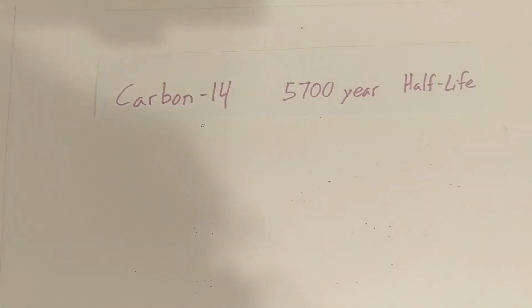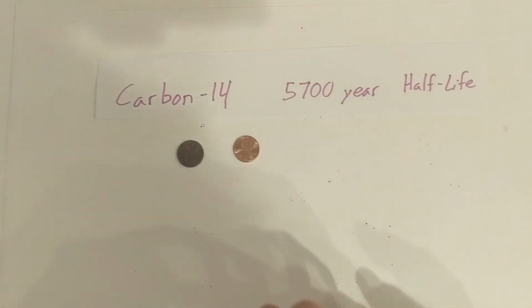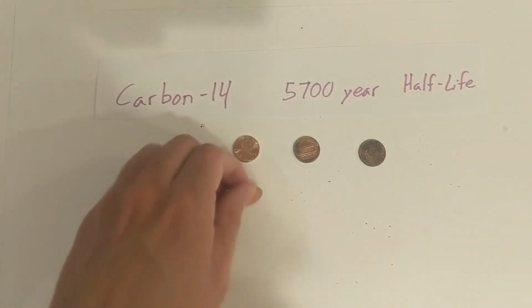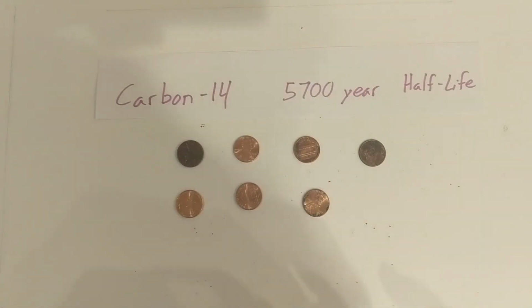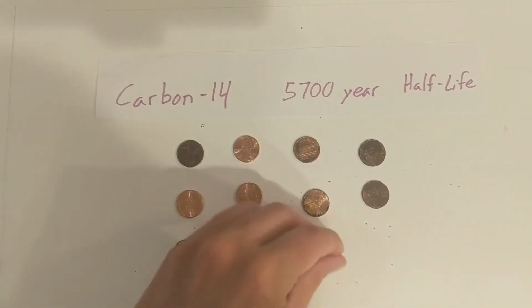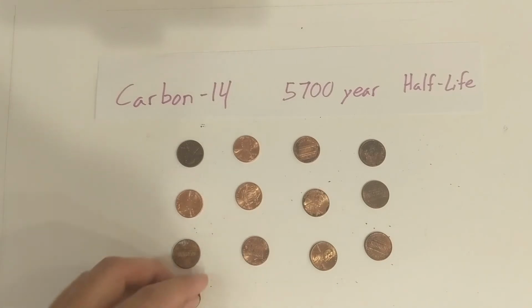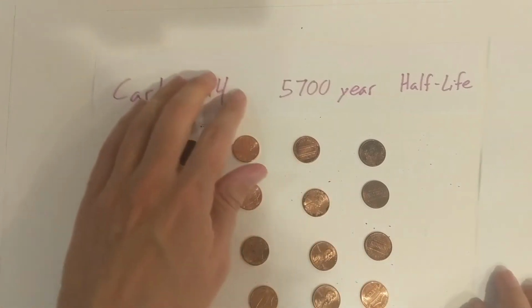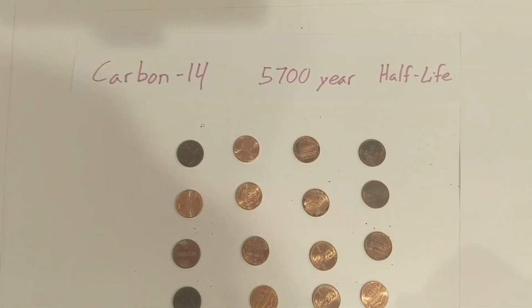about 5,700 years. And all living things have carbon-14, and after something dies, that carbon-14 starts decreasing because it starts decaying. So if something that used to be living and is now dead has carbon-14 over 5,700 years, half of it will have decayed into nitrogen-14.